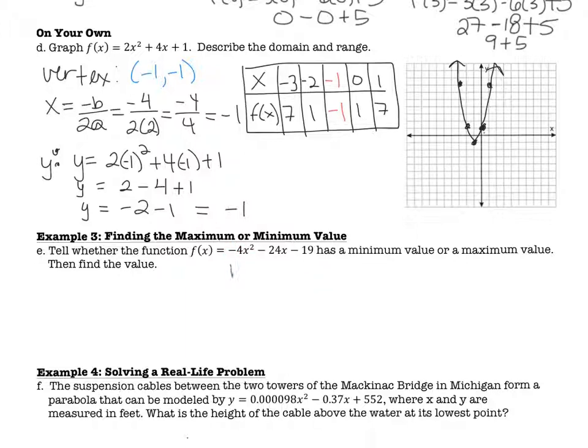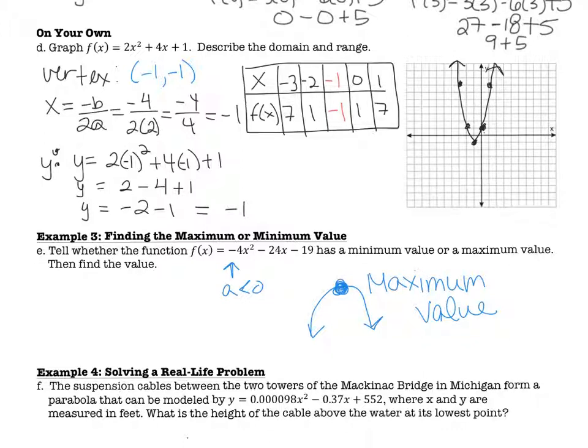So if this is less than 0, we know that the parabola is going to open down. Therefore, the vertex is going to be on top, which means that we would have a maximum value because that would be at the top of the graph. So the maximum amount. And the maximum value would be the y-coordinate of the vertex.